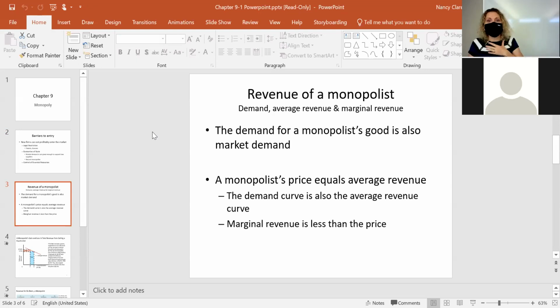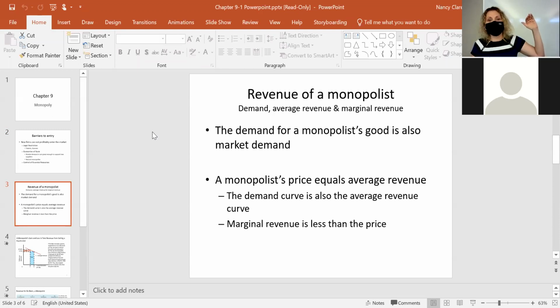Well, if you think about a monopolist and the supply curve and demand curve in a market that a monopolist monopolizes, what you'll quickly recognize is that that supply curve belongs to that single supplier. There's only one supplier in the market. So when you look at market supply, that's the supply of one firm in the market.